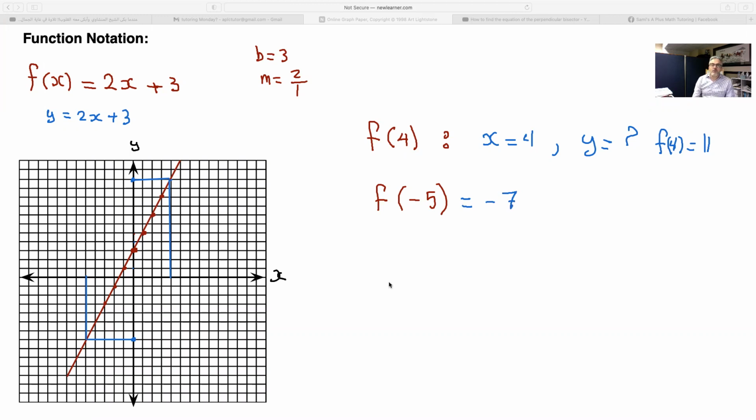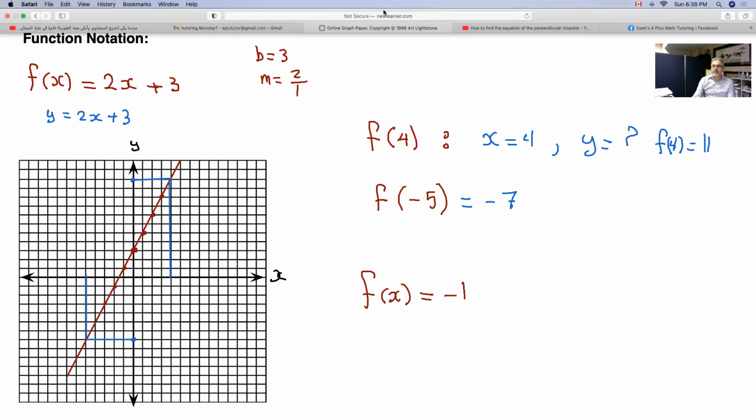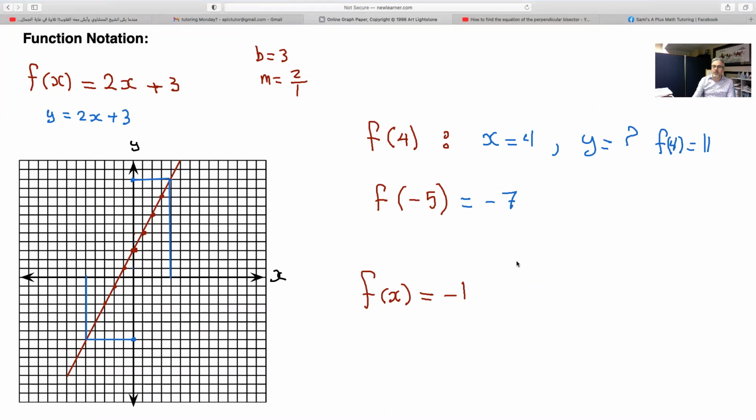How about if they ask me f of x equals -1? Now again, as I told you earlier, they gave you the y value because f of x means y. So they give you the y value. So they're telling you, and I'm just going to write the answer in blue so you know I'm answering the question.